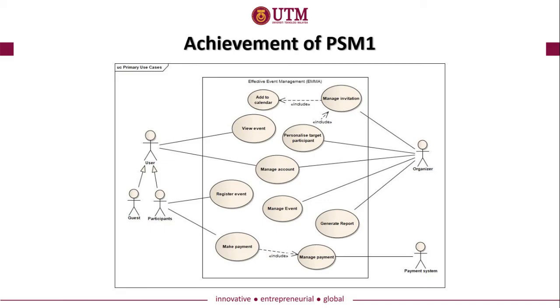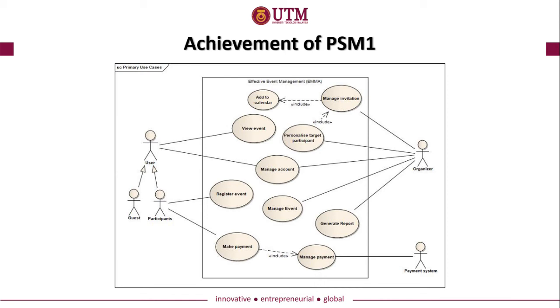Now we will proceed with the achievement of PSM1. Displayed here is the overall use case of EMA. So we have 10 use cases here, and there is actor 1, which is the user, with an inheritance of guests and participants.